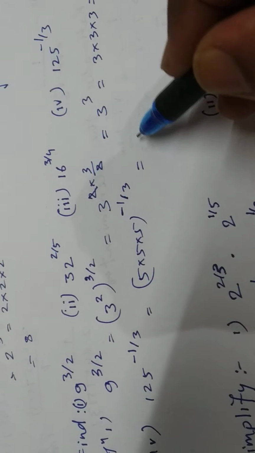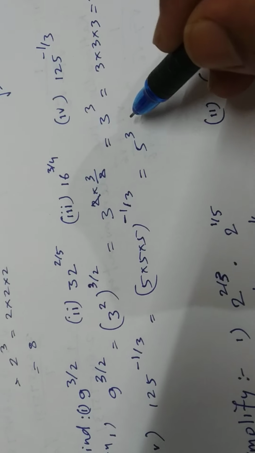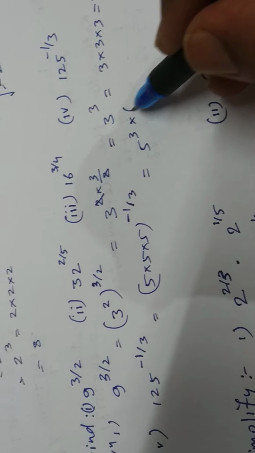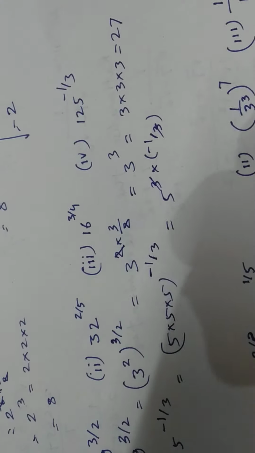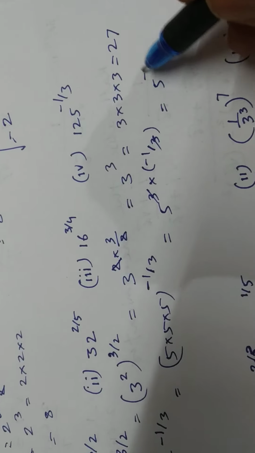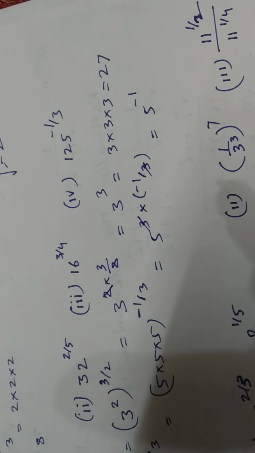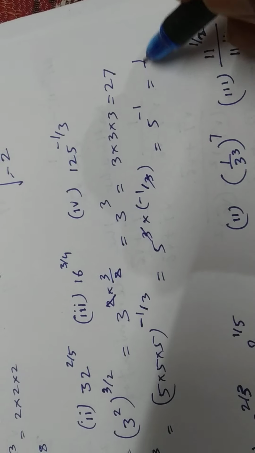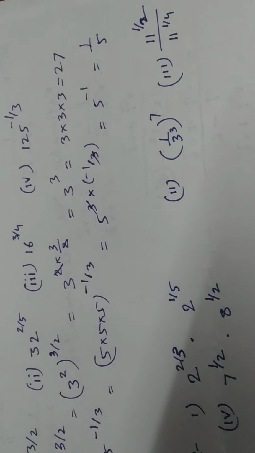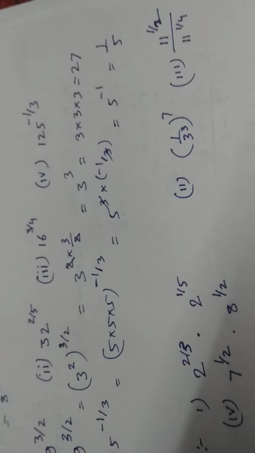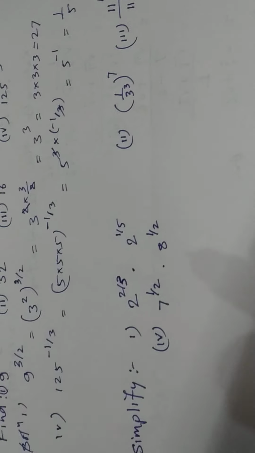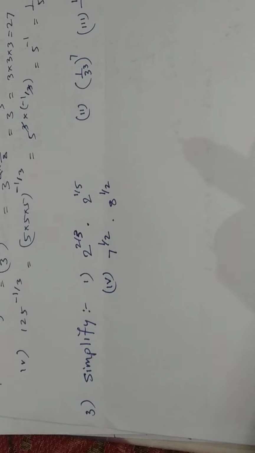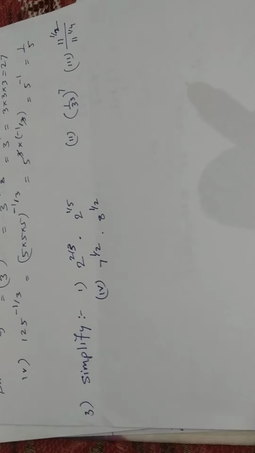That is 5 cube, and outside it is minus 1 by 3. This 3 and 3 got cancelled. So it is 5 power minus 1. If the power is minus, it will go down: 1 by 5. You all know the laws of indices that you have studied in your previous classes. Fine. Let us see the third question.